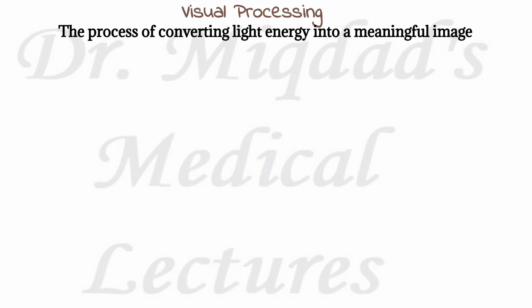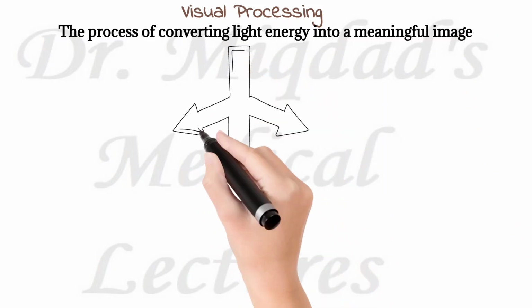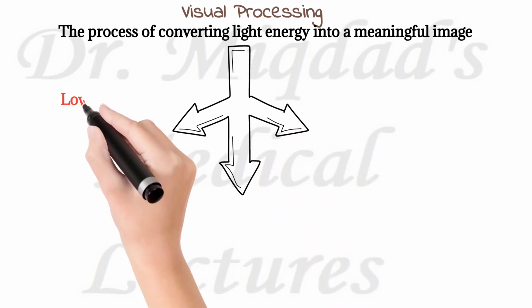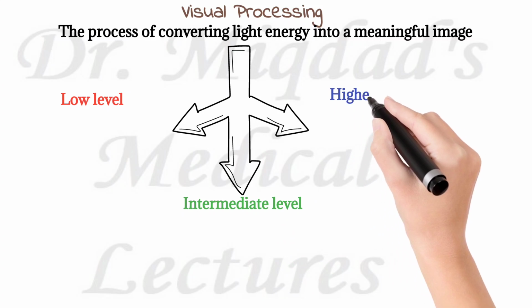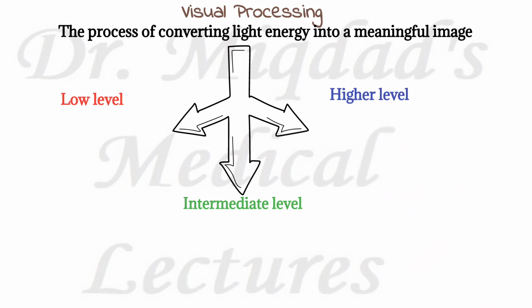The brain analyzes a visual scene at three different levels: low level, intermediate level, and high level. Low level visual processing is done by the retina.